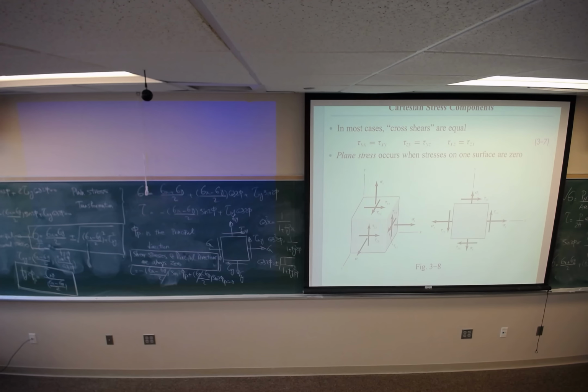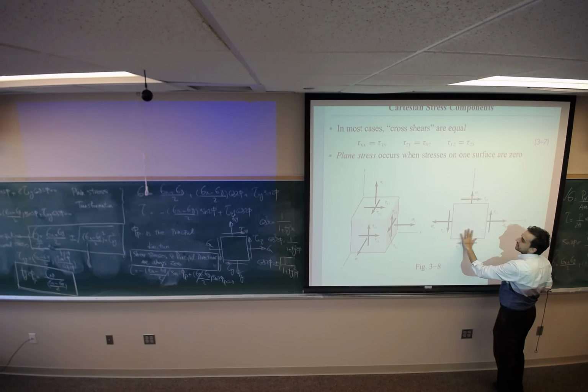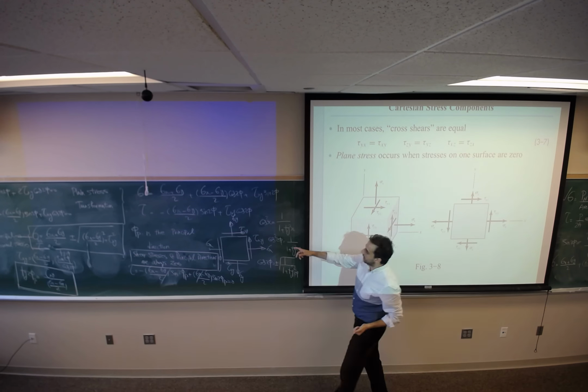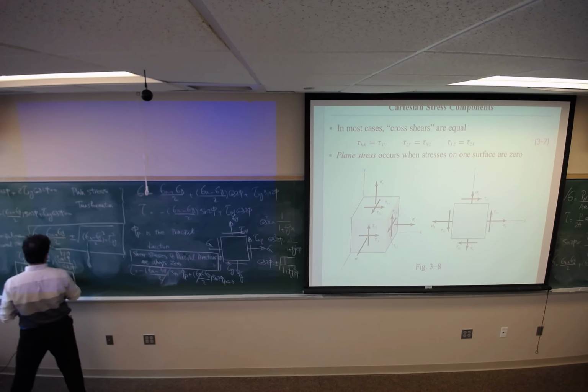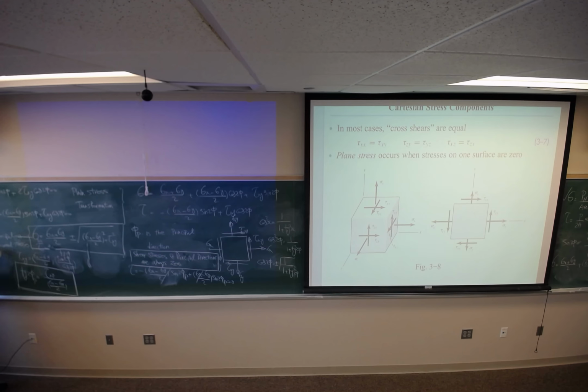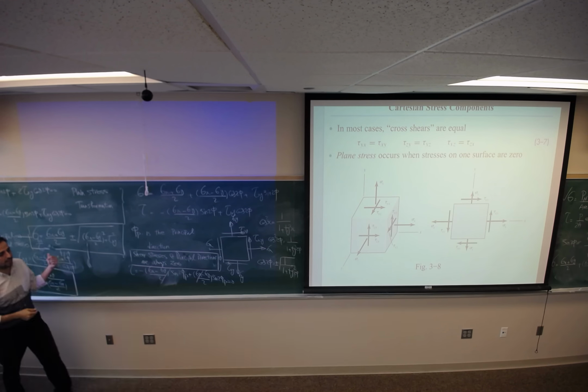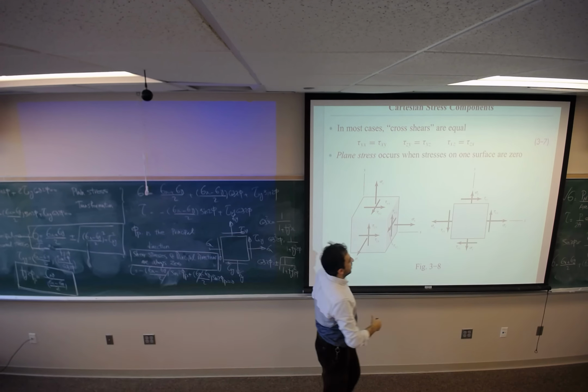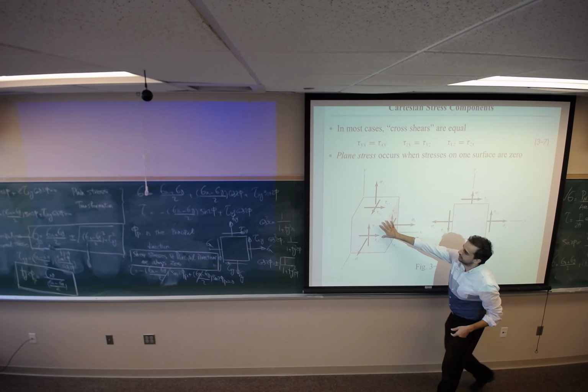So on this plane stress, we could figure out what would be the principal direction and what would be the principal normal stresses on this square or on this cube.